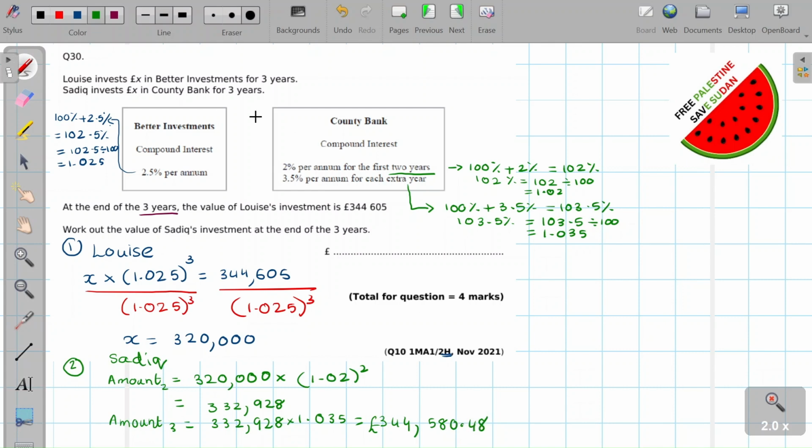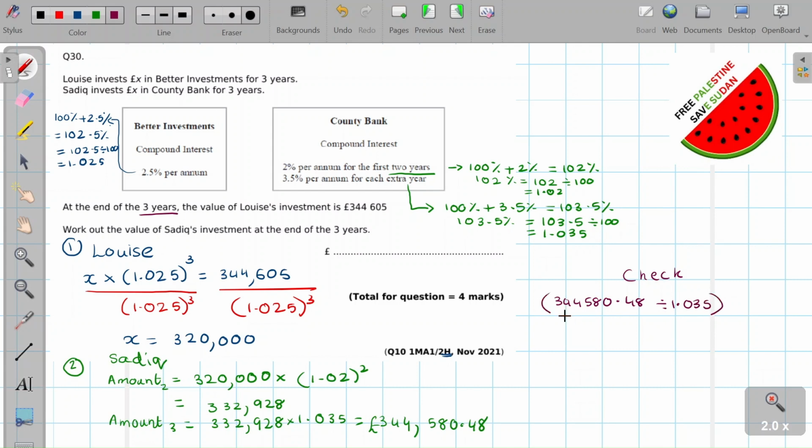£344,580.48. Okay, let's see how we can check this. I think I would do reverse percentages. So I would take this final answer and go backwards, divided by 1.035.